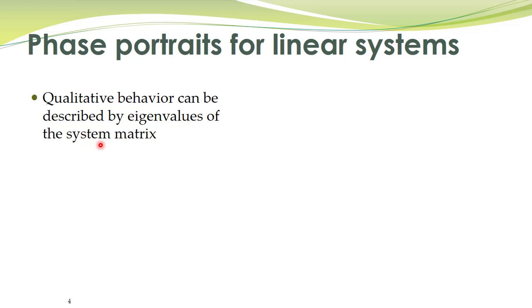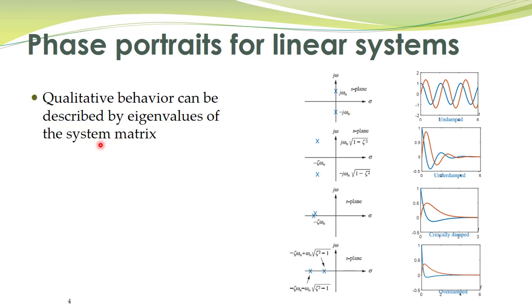So what is your observation? If eigenvalues are purely imaginary, what is the shape of the response? Oscillatory response. These are plots of the states for a given initial condition.